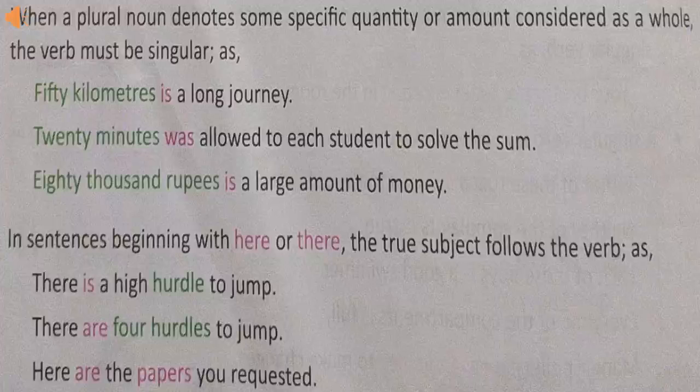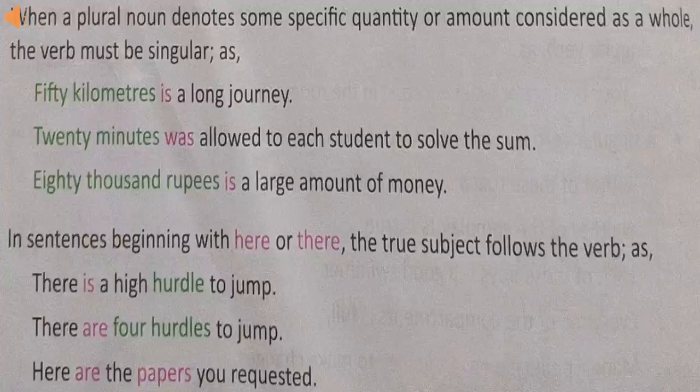In sentences beginning with here or there, the true subject follows the verb. For example, there is a high hurdle to jump. In this sentence, the true subject is hurdle. So according to this subject, the verb is is used because hurdle is singular.